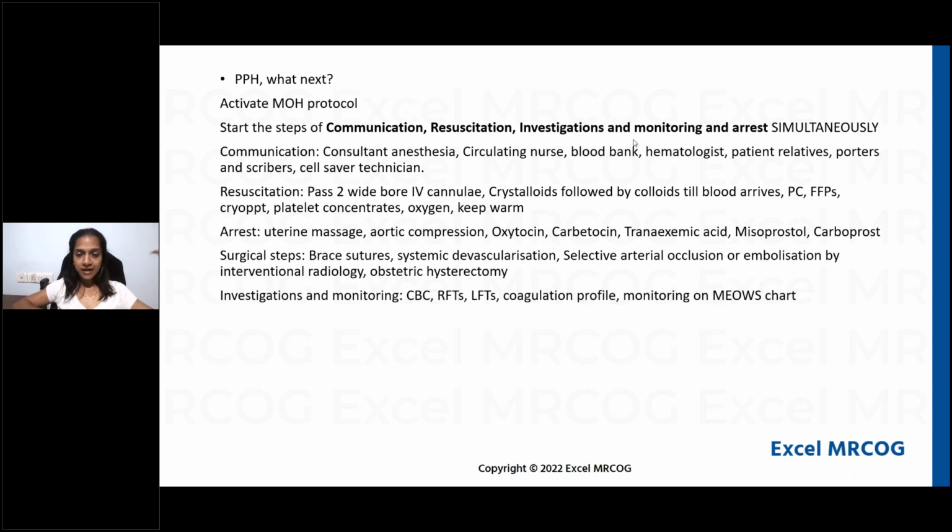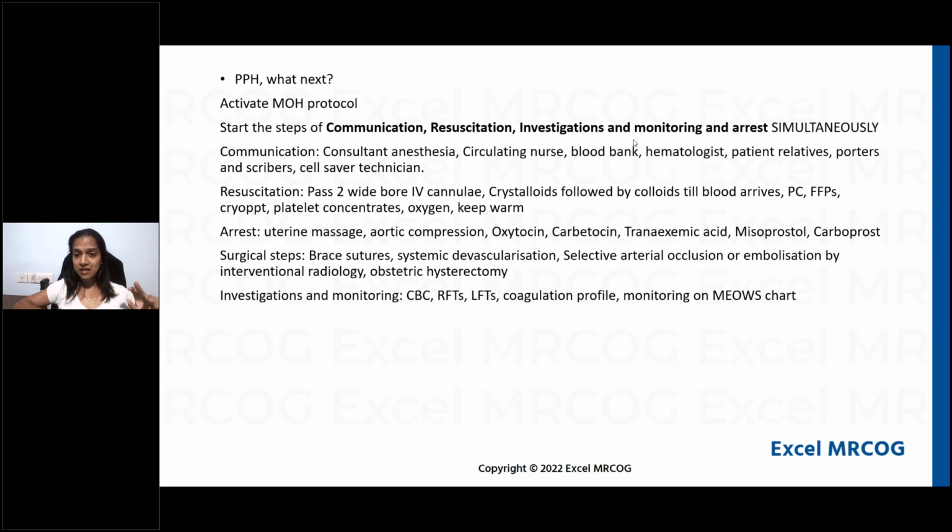Okay. Arrest would be uterine massage, aortic compression. Since you're on the table, remember there are things that you can take advantage of. You can do an aortic compression if there's active bleeding. Your assistant can help you with that. Oxytocin, carbetocin, although the guidelines do not mention carbetocin for treatment, they mention it for prophylaxis, it may be considered, but you can make a mention.